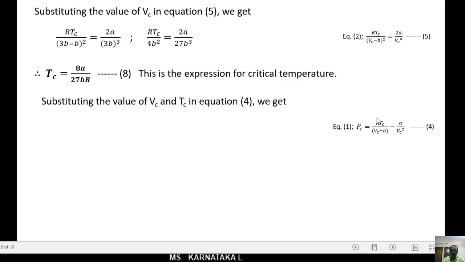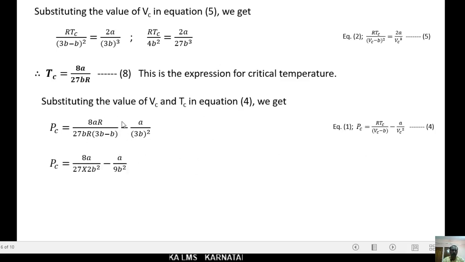We get Pc equals R times 8a divided by 27bR, where Tc is in the numerator, divided by Vc minus b, that is 3b minus b, minus a upon Vc square, that is 3b whole square. Substituting the values of Vc and Tc in equation 4, we get this equation.